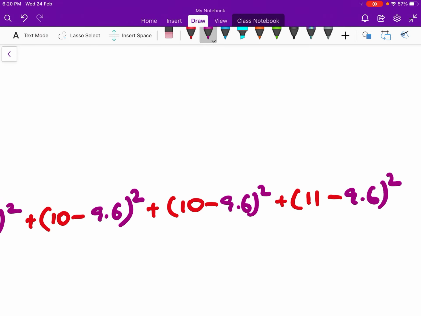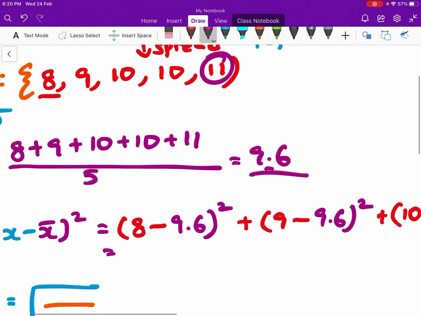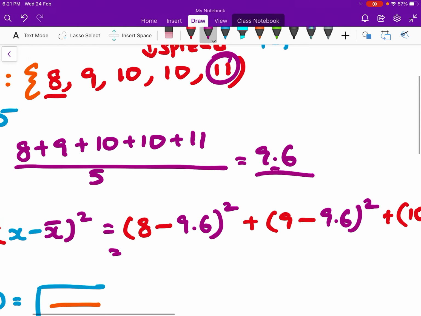Then after that we just put into the calculator to calculate what our number is. I get a value of 5.2.